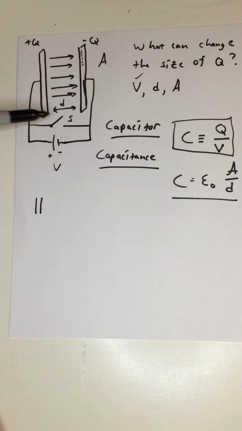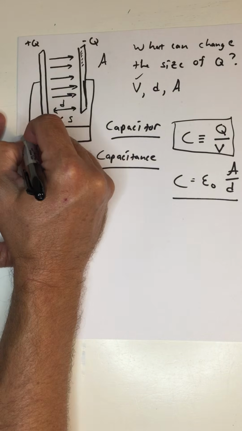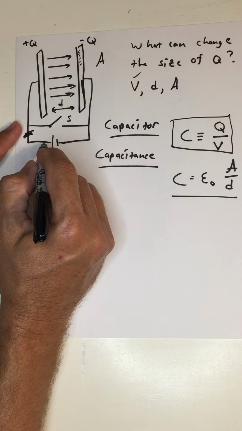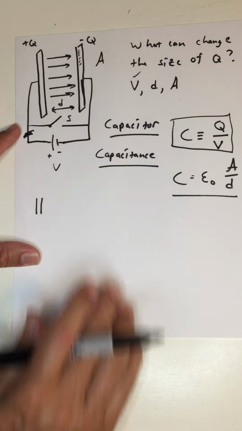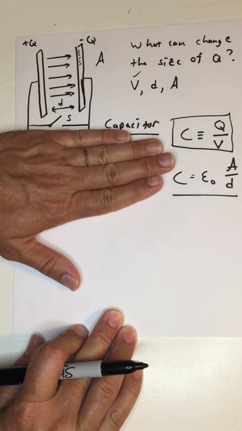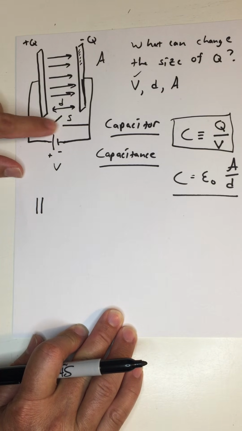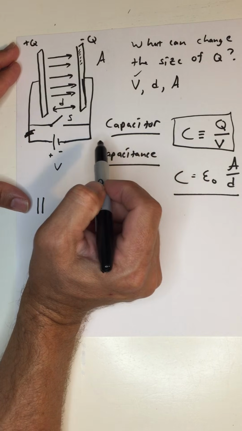Let's furthermore assume that as I close this switch, I've got some sort of mechanical device that will actually disconnect this line, so I'm taking the battery out of the equation. I use the battery to charge this thing up, and then I flip a switch, and now my system looks like this without a battery, but a closed circuit, with a connected wire here. What's going to happen?